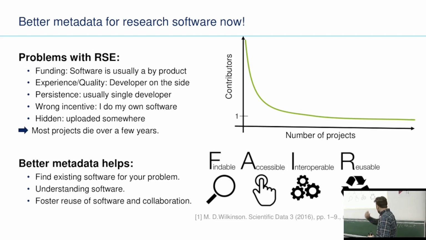Of course, better metadata for software cannot solve all of these issues, but it can at least help. We can better find software that's already there, that's currently developed, find the people who are currently the experts, and it can also help to understand the software a little bit better, with what intention it was written, what it's supposed to do.